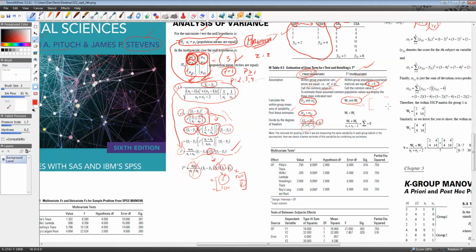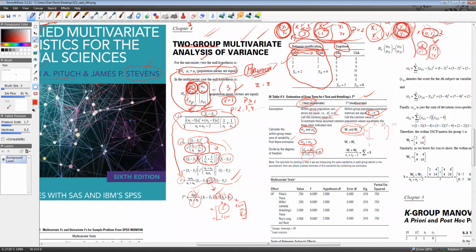That W1 is going to be Y1, Y2, Y1, Y2 for our particular problem, because we have two response variables, right? If I had a third response variable, I'd have Y1, Y2, Y3. But I would still have W1 and W2 because it's a two-group structure, right? It's a two-group structure because I'm only comparing cognitive to behavior modification.